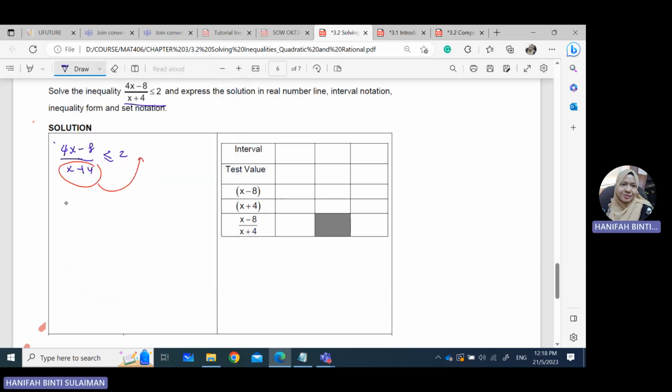X plus 4. So here we have 4x minus 8 less than or equal to 2 times x plus 4. So kita dapat 4x minus 8 less than or equal to 2 times x, 2x, 2 times 4, we have plus 8.